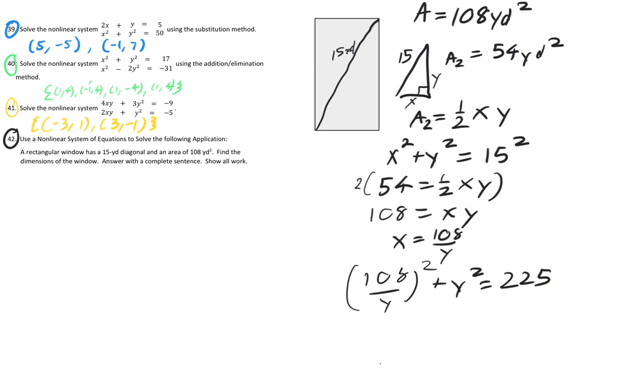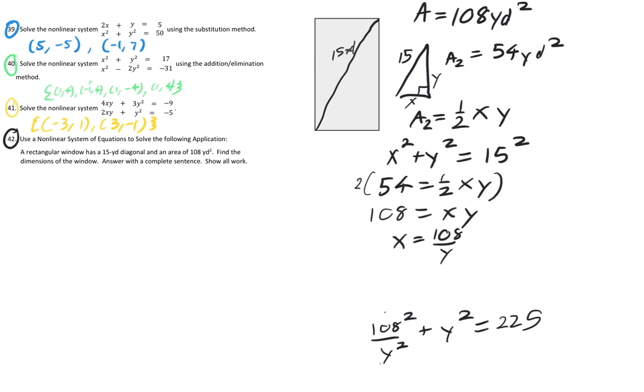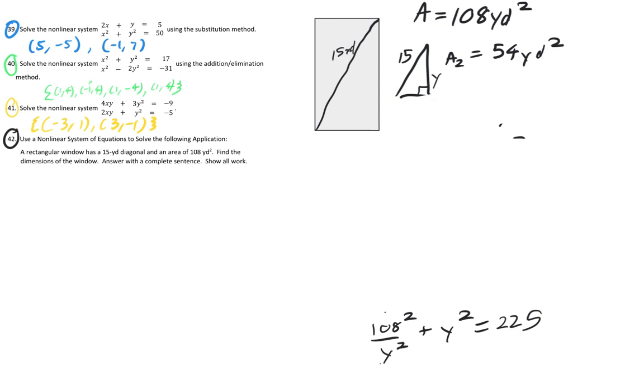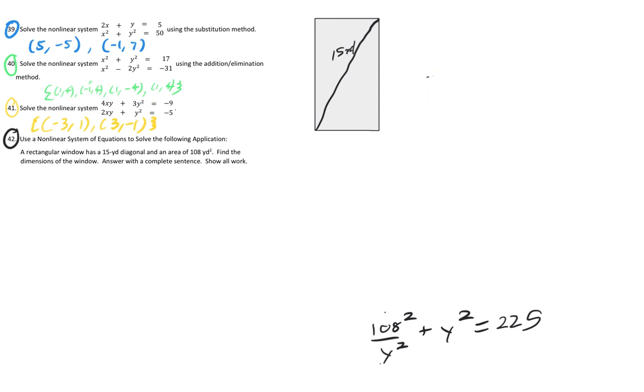Now simplify this. 108 squared, I'm going to leave that as 108 squared over y squared, plus y squared is equal to 225. Now I'm going to erase some of this just to give us some space and bring it back up.